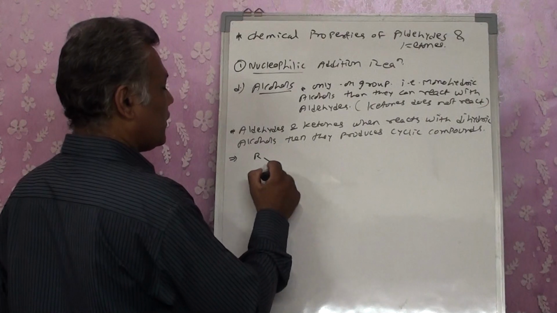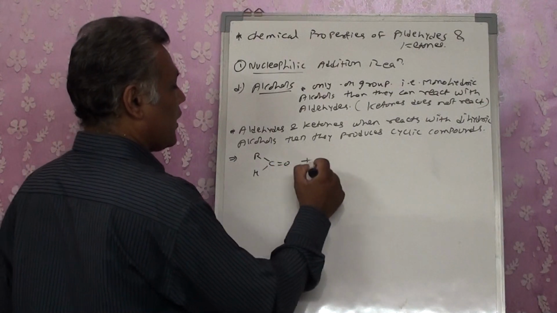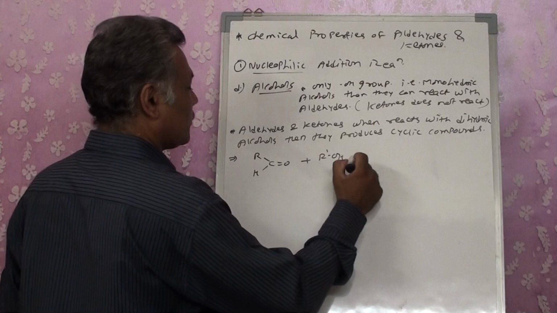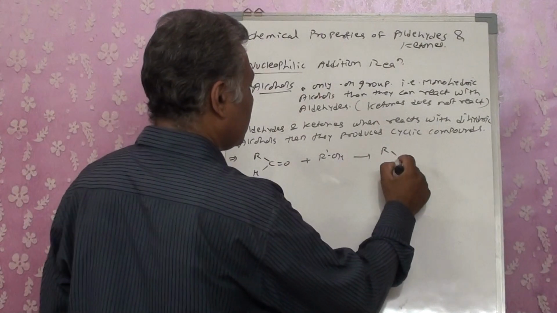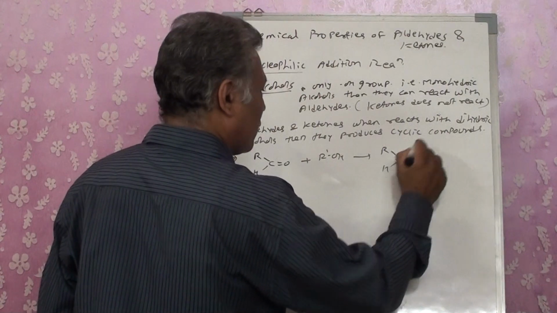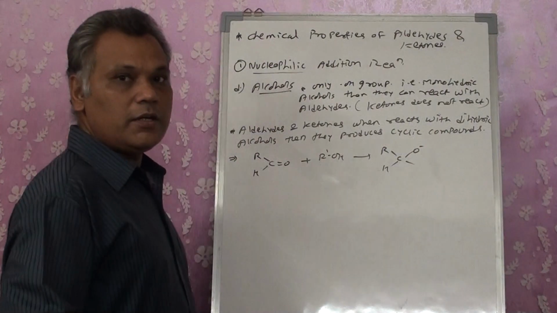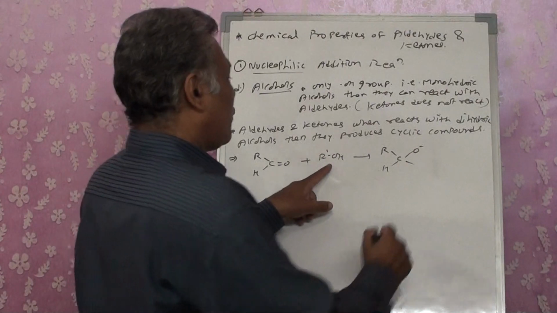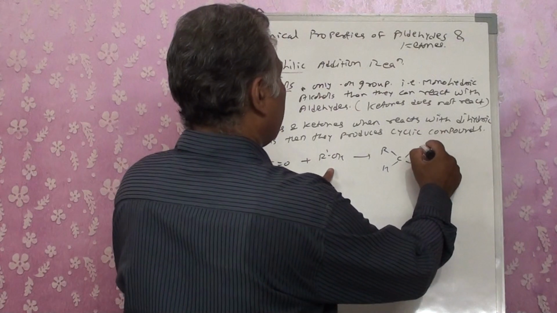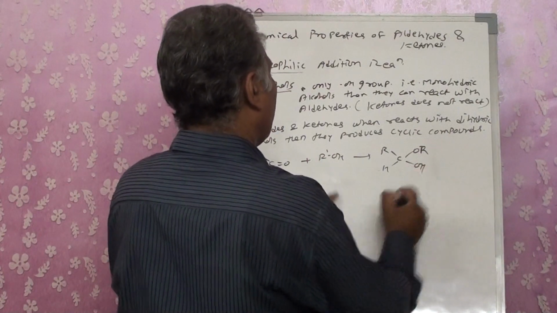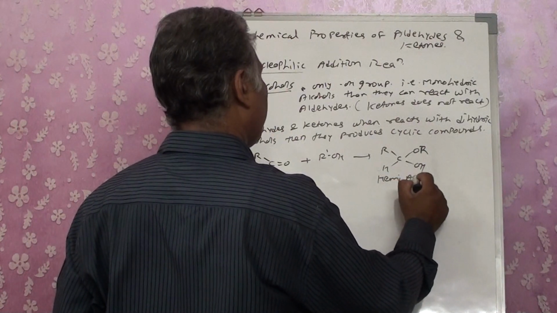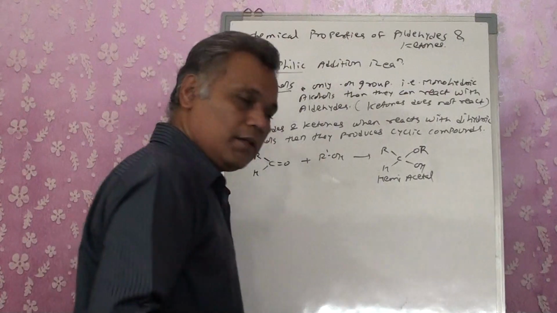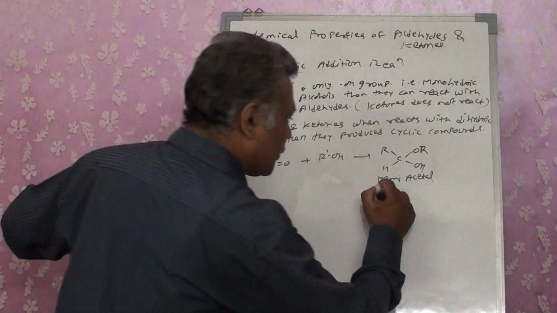When an aldehyde reacts with R-OH, initially it gets converted into an intermediate alkoxide, which reacts with ROH to give hemiacetal.